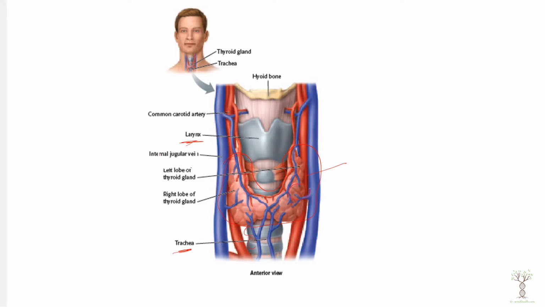And if we took a little cross section and looked inside, the thyroid gland has these sort of large regions called colloid, which are fluid-filled sections that are surrounded by cells. Now, the cells that surround these colloid regions, there's 2 main types.